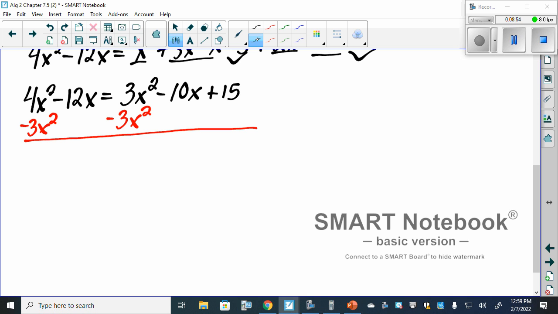And if we subtract 3x squared from both sides, well, 3x squared minus 3x squared would be 0. 4x squared minus 3x squared is going to give us x squared minus 12x is equal to 10x plus 15.